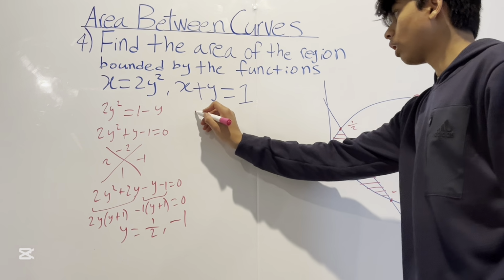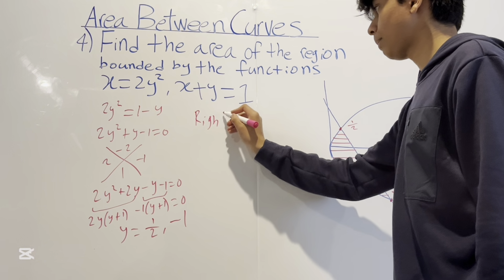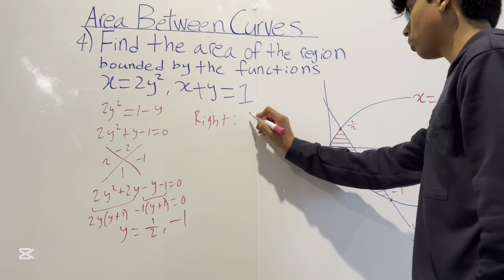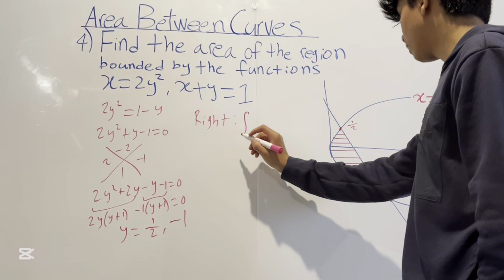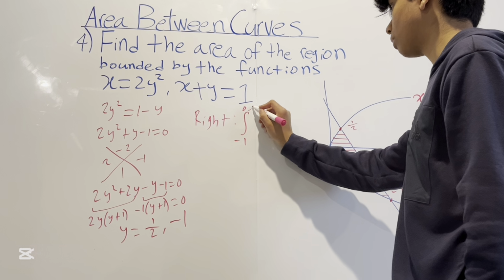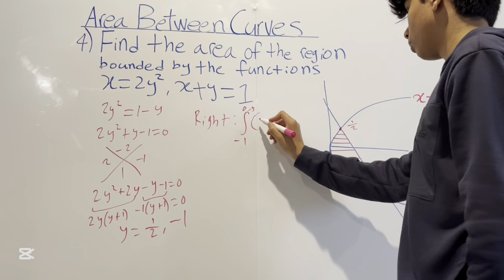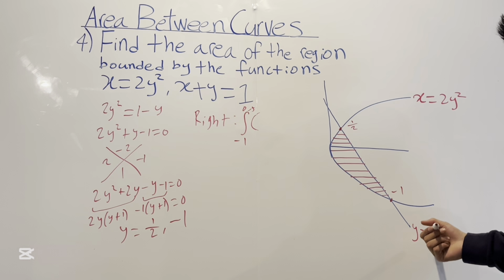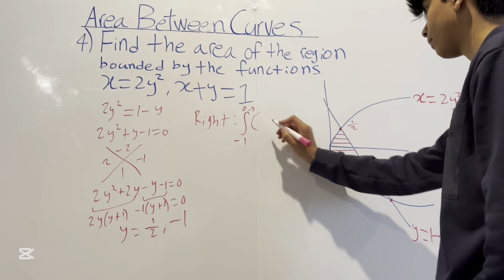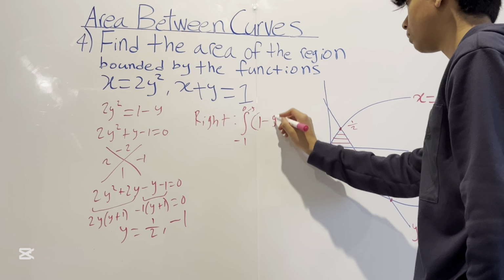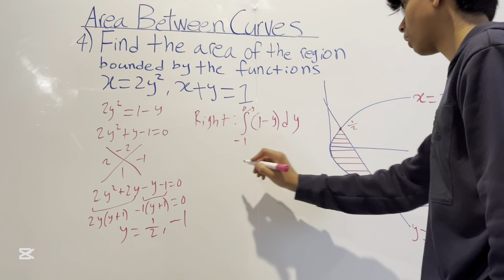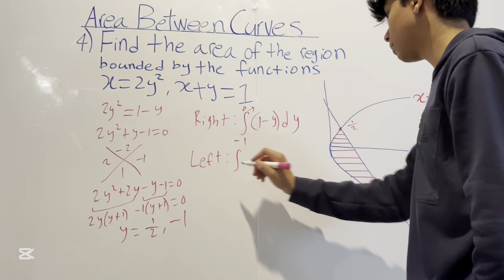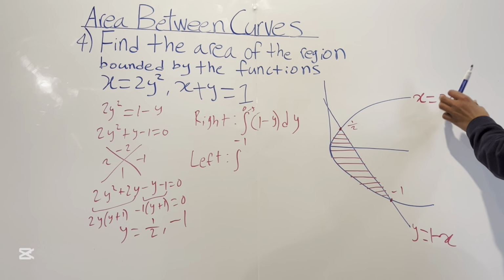So our rightmost function is over here, which is 1 minus x. So we're going to find from negative 1 to, let's just say 0.5 of, and 1 minus x is the same as x equals 1 minus y. And our left function is going to be this curve, which is x equals 2y squared.